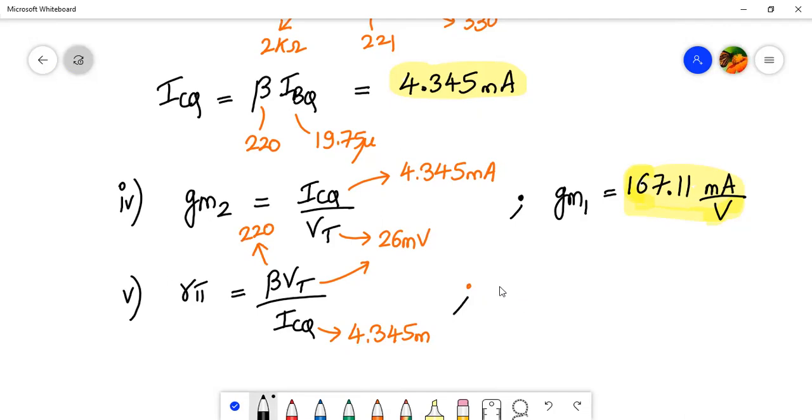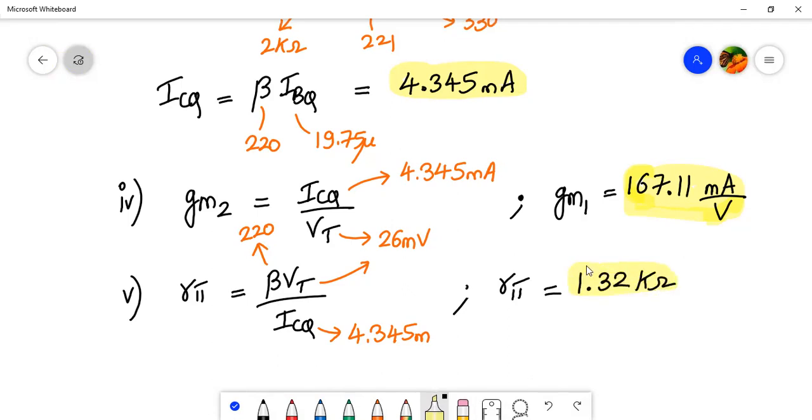If you plug in all the values in your calculator, you'll get R pi equal to 1.32 kilo ohm. Let me highlight this value.